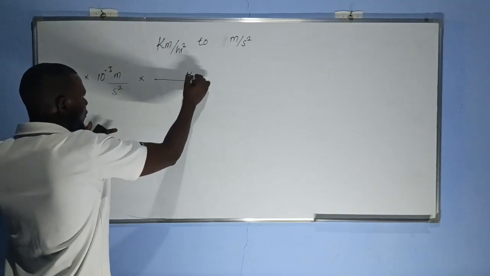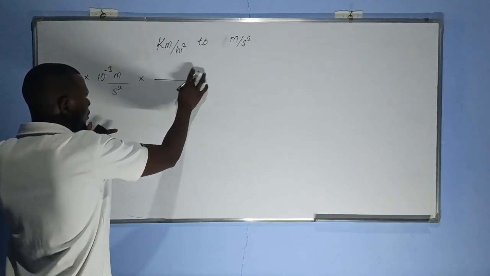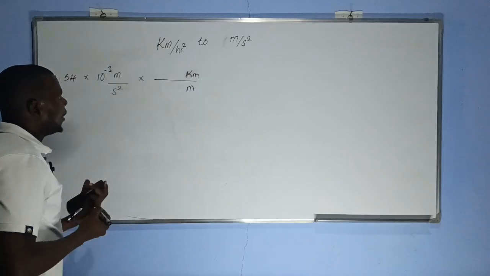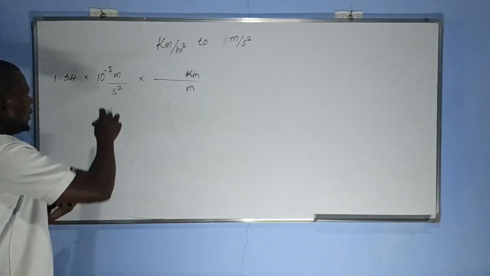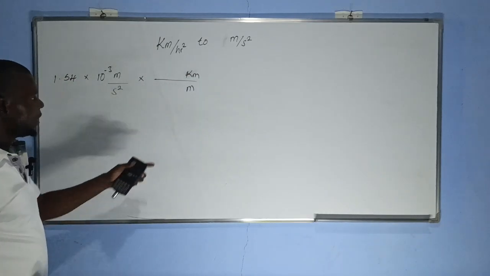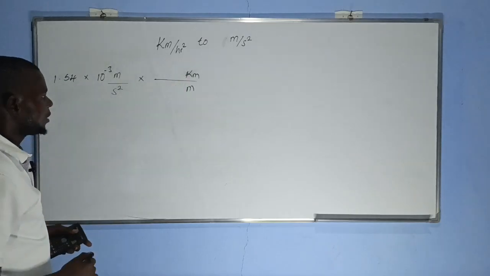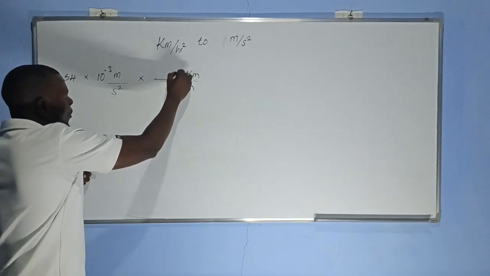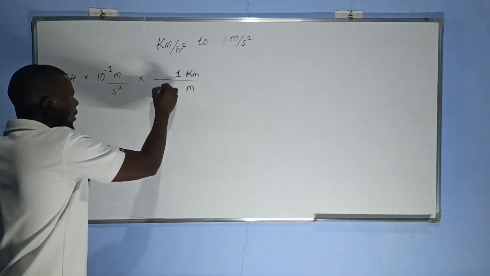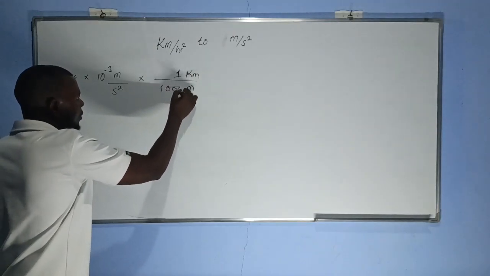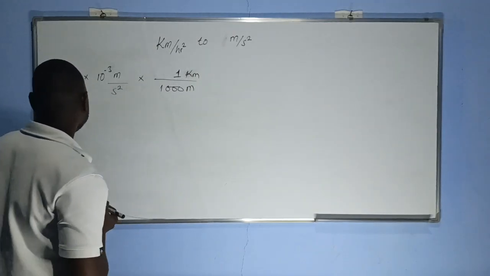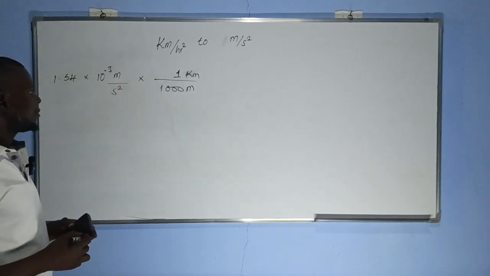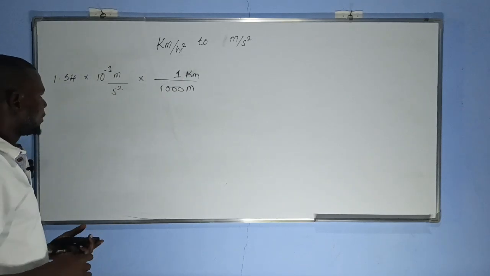We'll have the unit of kilometers there on top. So we have meters and meters cancelling, then our unit of interest, which is kilometer, on top there. Now, still 1 kilometer is equal to 1,000 meters. That still remains. So the meters and meters will cancel, the unit of interest remains.